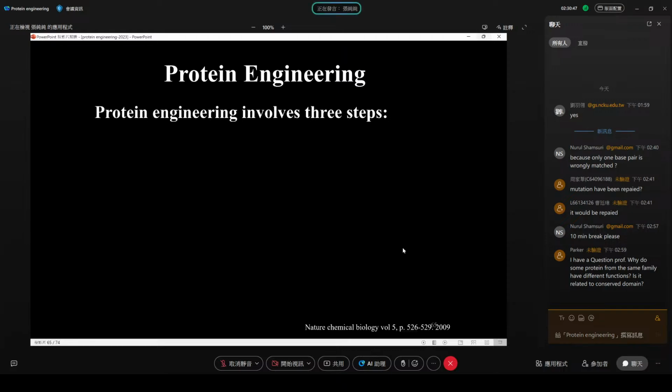Okay, so protein engineering usually will involve 3 steps. You want to choose which protein you want to change, whether you want to use a rational design, just like you already pick up a catalytic triad, or you already pick up the chromophore you want to change, or you want to do more randomized, like a saturation.